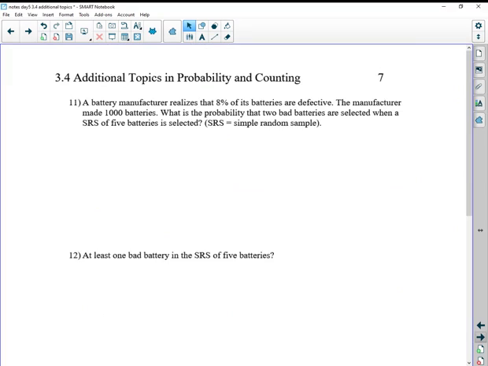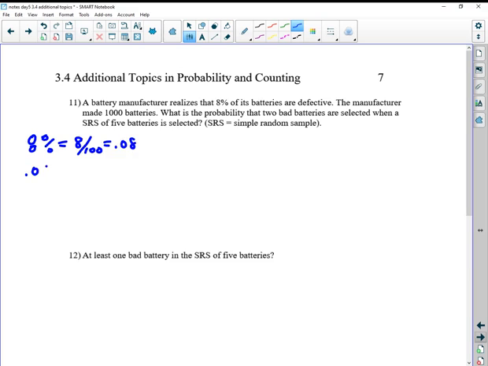Okay, battery manufacturer. Sometimes we have to do a little work to figure out how many batteries are bad and how many are good. So we have 8% of the batteries in this situation that are bad. 8%, that's going to be 8 divided by 100, that's 0.08.